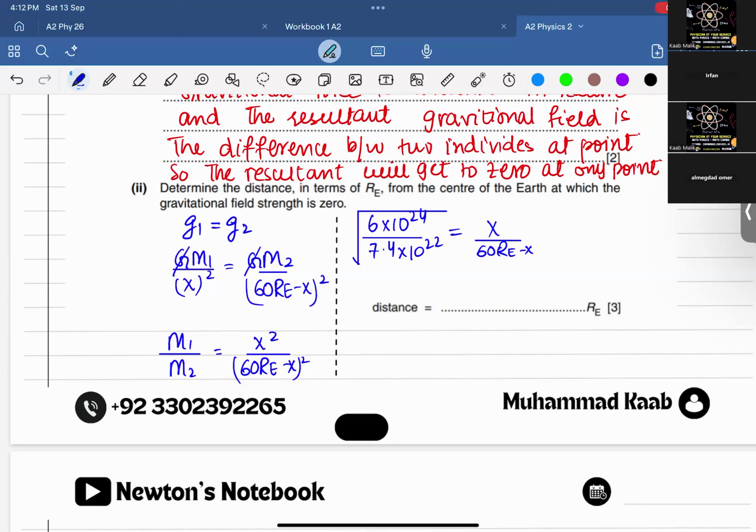Yes, what's the value? It should be 9 or something. Before rooting it, I'm getting 83 point something, but after rooting it should be 9.0.